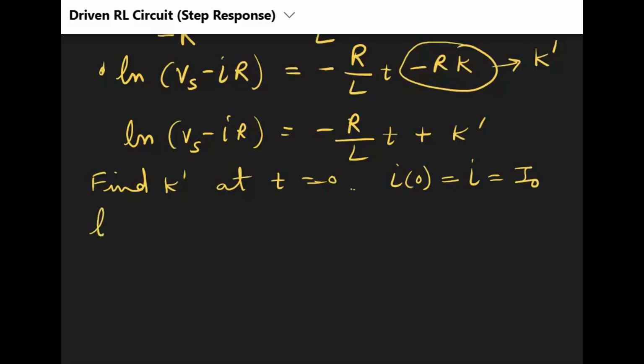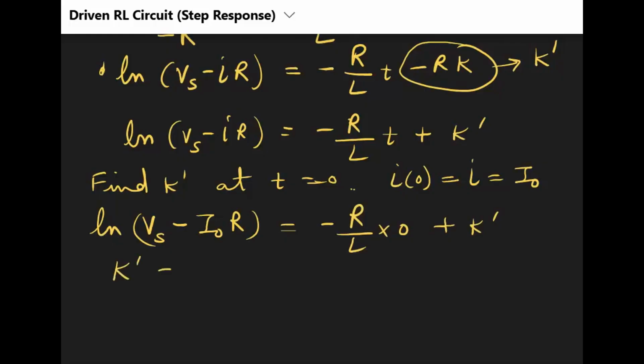So we get ln(Vs minus I0 R) equals minus (R by L) times 0 plus k dash, and from here the value of k dash is ln(Vs minus I0 R).